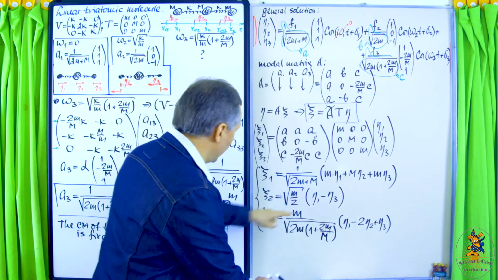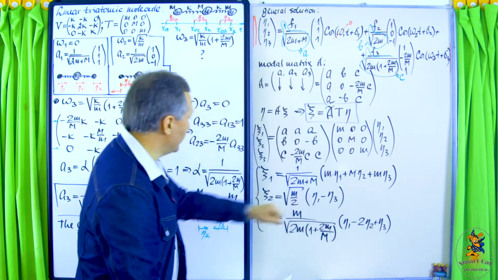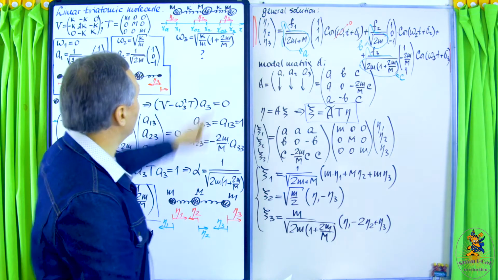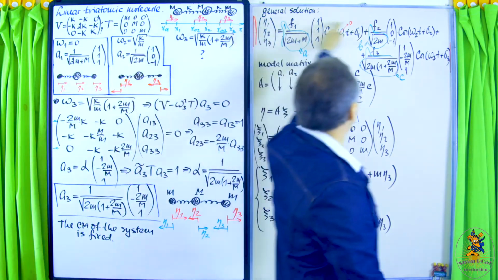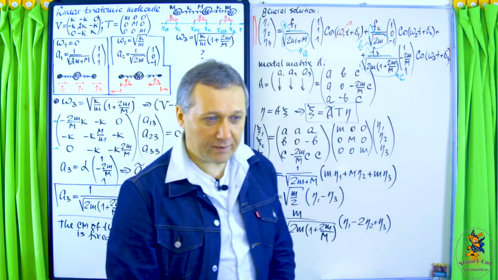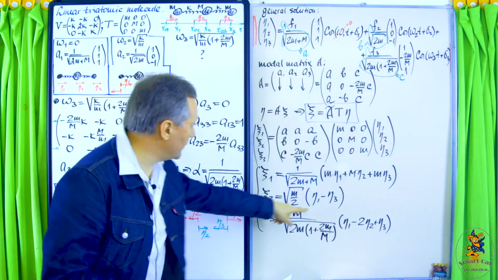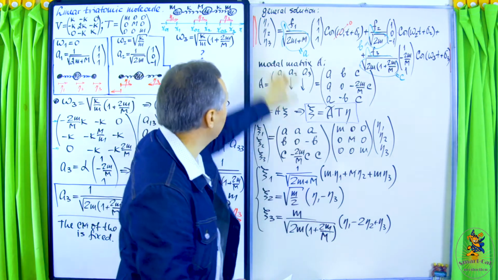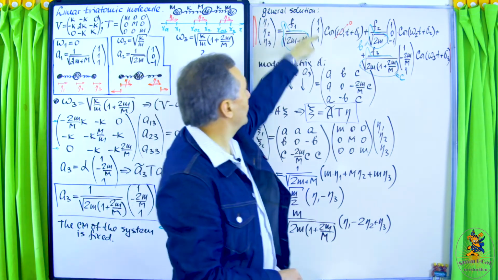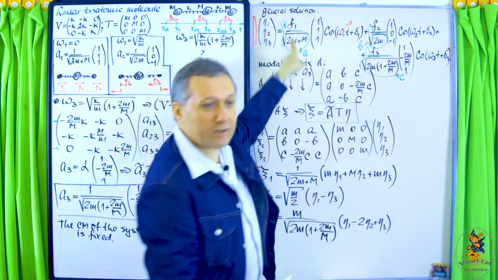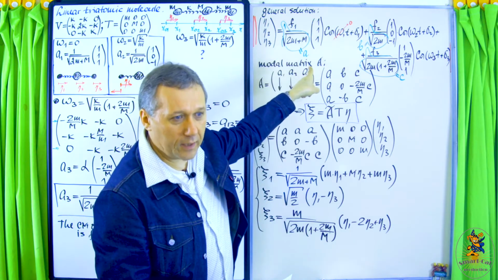And so we have eta1 minus eta3 with that factor. So where is my eta1? Here, eta1, it's the first line in this solution. Eta3, of course, the last line. Okay, so let's look at the first mode. The factor, of course, is the same for all these etas, right?